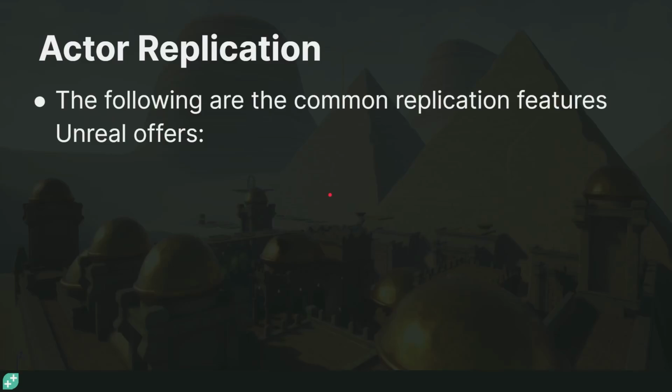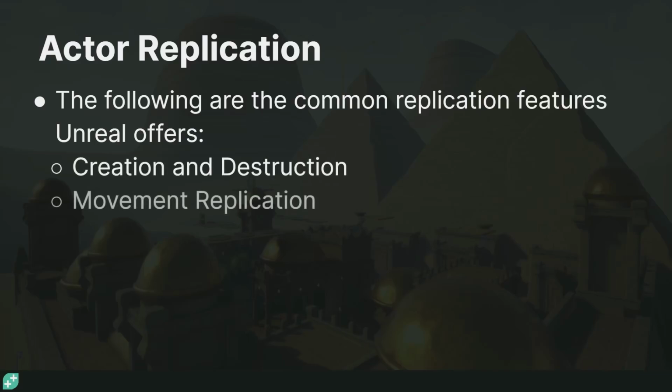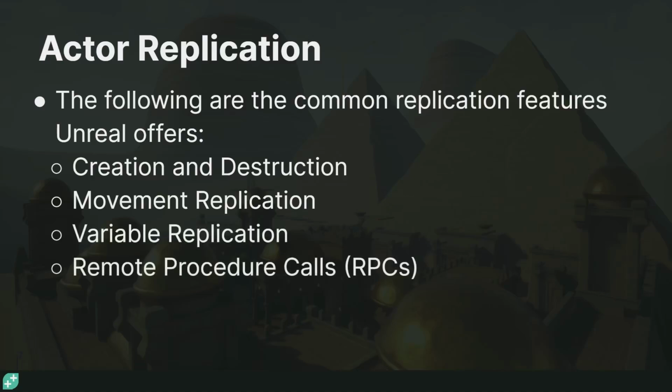So the following are the common replication features Unreal offers that we're going to use. This list isn't exhaustive, there are more, but these are just the ones that we're going to use most often. Creation and destruction, movement replication, variable replication, and remote procedure calls, also known as RPCs.